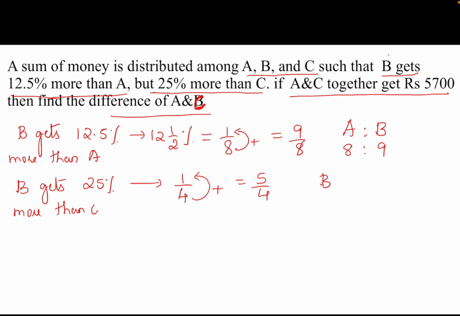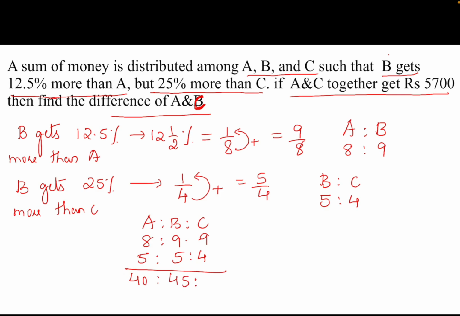So B is to C is 5 is to 4. Then I can combine these ratios. So how to combine the ratios? A is to B is to C. A is to B is 8 is to 9, B is to C is 5 is to 4. So when we combine, write 9 here, write 5 here. So 8 5s are 40 is to 45 is to 36. This is the combined ratio.